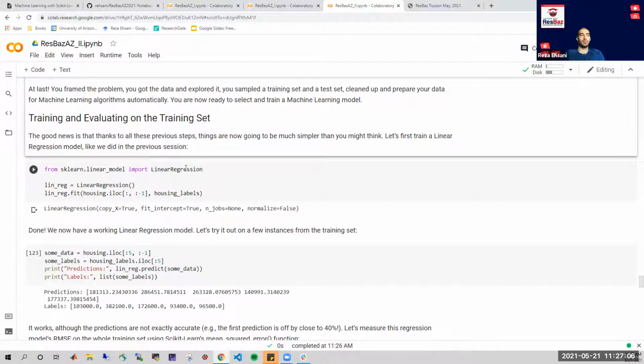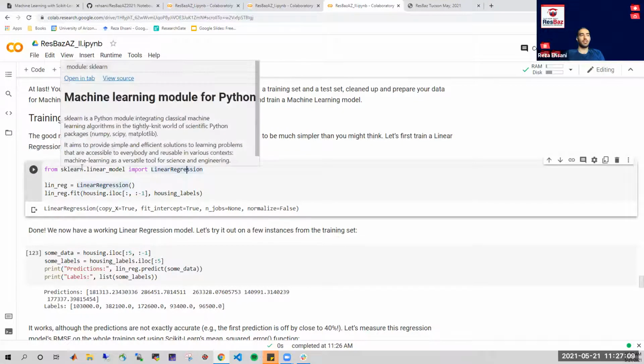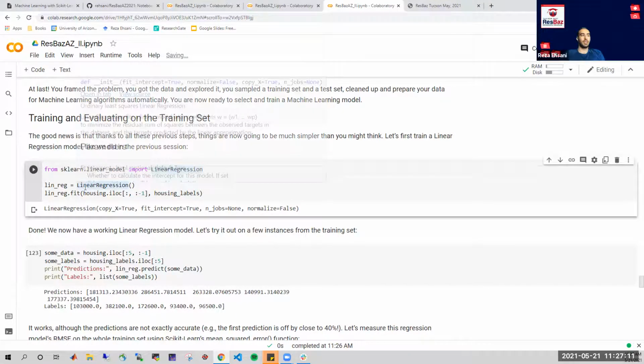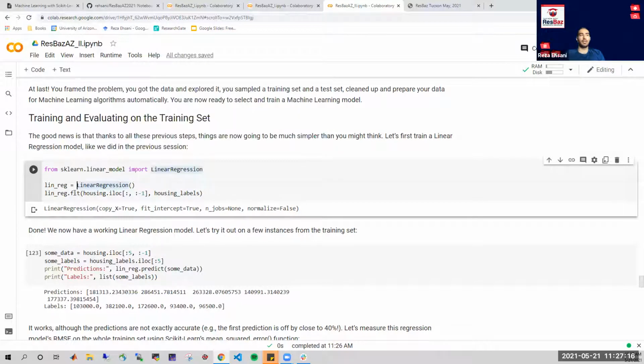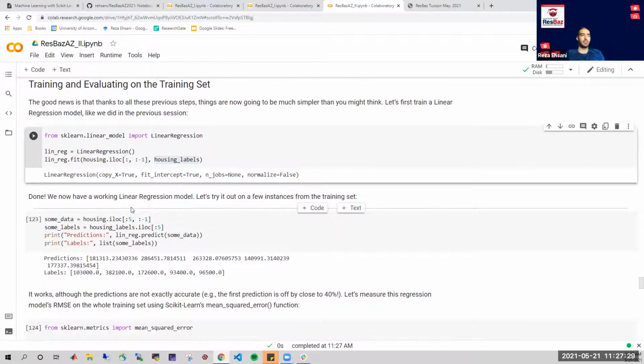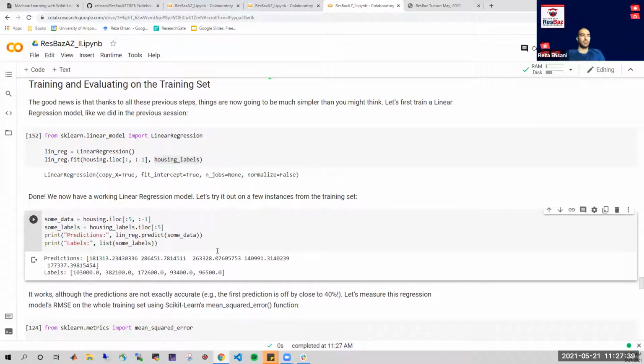We import LinearRegression from the scikit-learn linear_model module, create an instance of it, and call the fit method using X, the features we're using for predictions, and also the labels. If we run this cell, you can see that it easily fits a model, and that's all. So we now have a working linear regression model, and now we're going to see how it works.